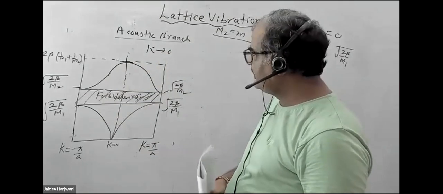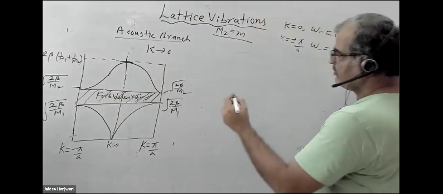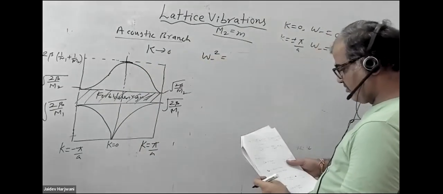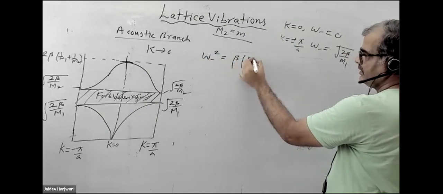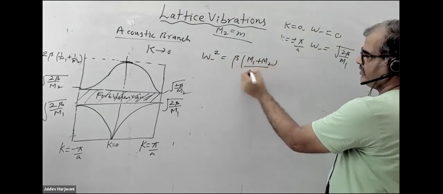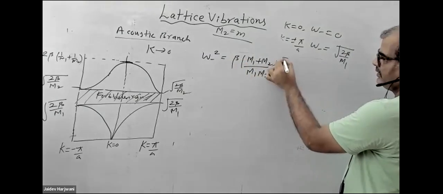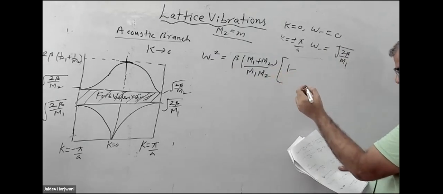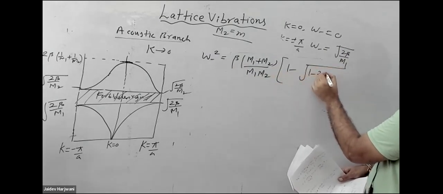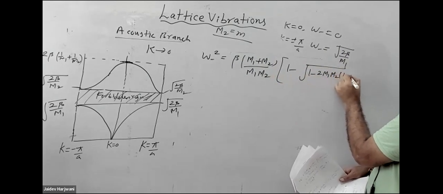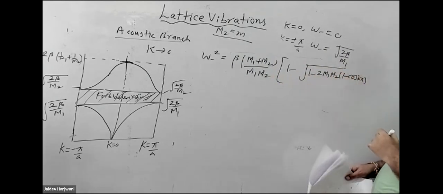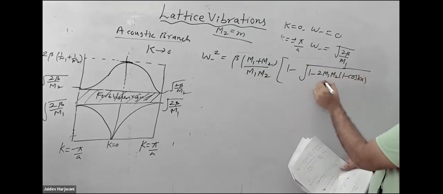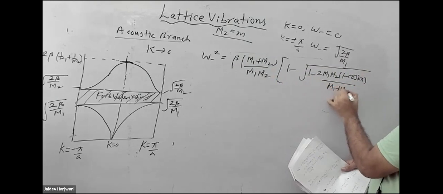So first we will do the acoustic branch at k tends to 0. We have omega square equal to beta (m1 plus m2) upon m1 m2, times 1 minus the square root of 1 minus 2 m1 m2 (1 minus cos ka) upon (m1 plus m2) whole square.